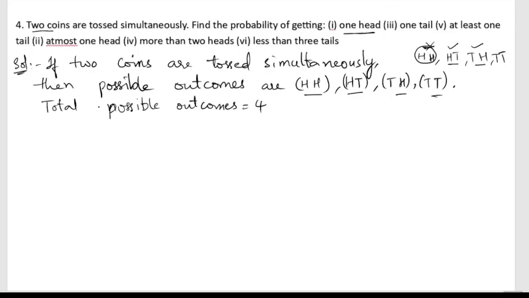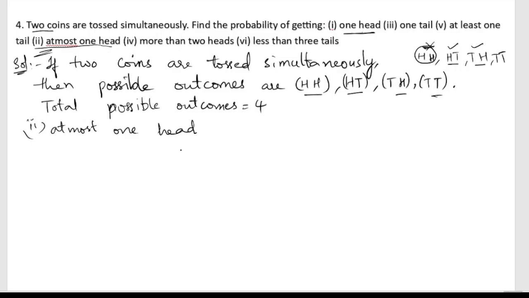Now let us solve the second bit. In the second bit, they are asking for at most one head. So let us write down the second bit: at most one head.